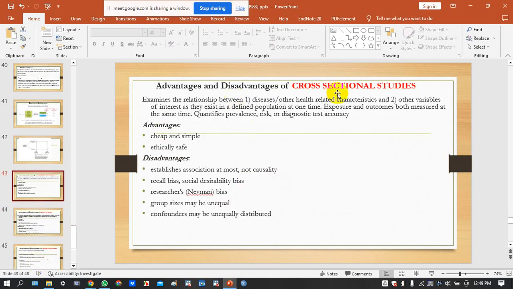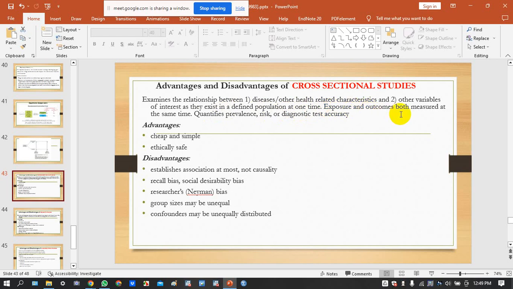Okay, so advantages and disadvantages. Let's look at the cross-sectional study. A cross-sectional study examines the relationship between diseases or other health-related characteristics and other variables of interest as they exist in a defined population at one time.